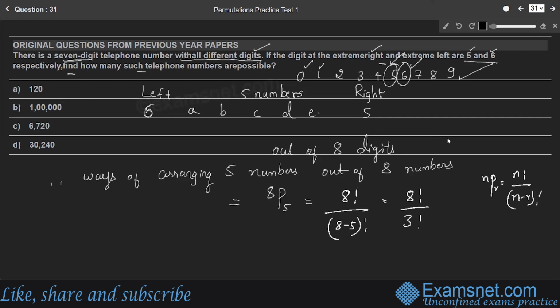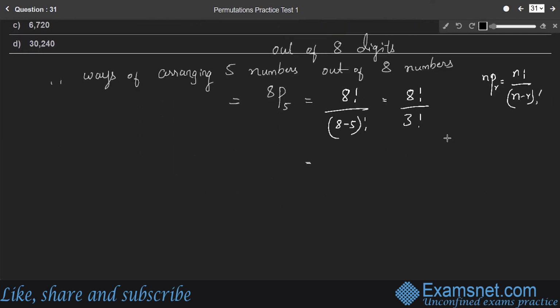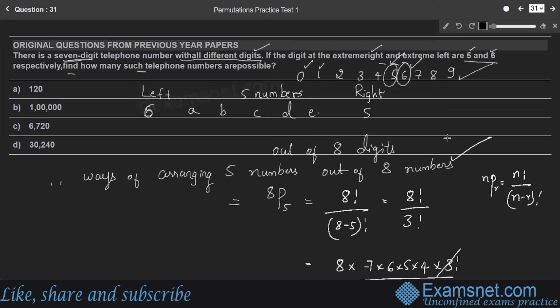Therefore, 8 factorial is 8 into 7 into 6 into 5 into 4 into 3 factorial divided by 3 factorial, right? So we can cancel 3 factorial and 3 factorial. So 8 into 7 into 6 into 5 into 4, so we'll get 6,720. So in 6,720 ways, we can arrange 5 numbers out of 8 numbers, right?